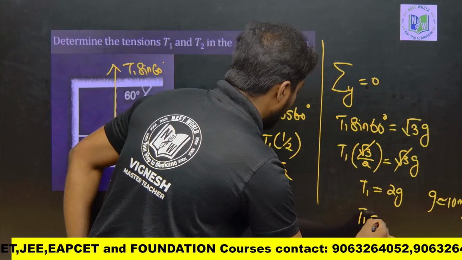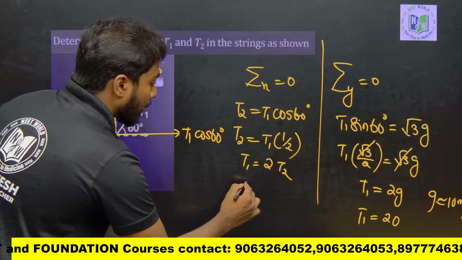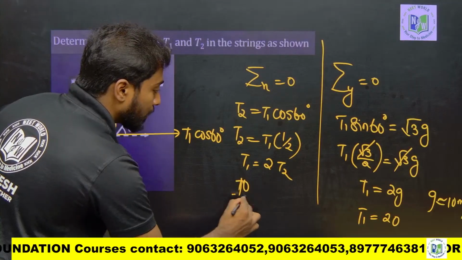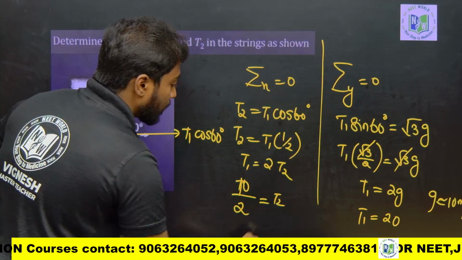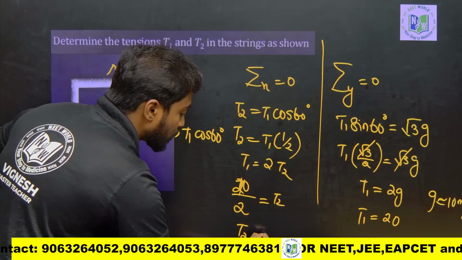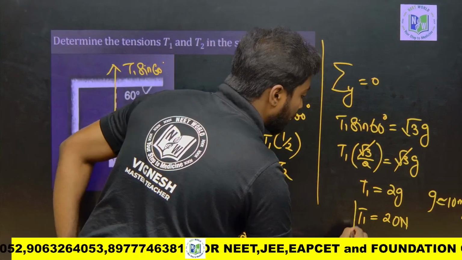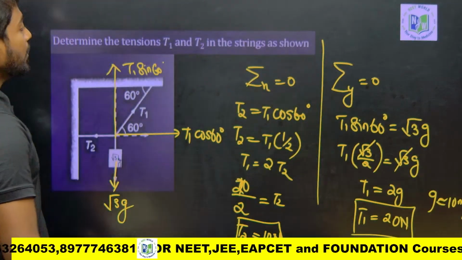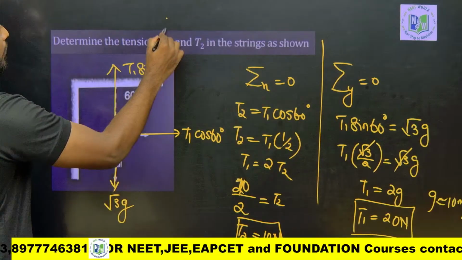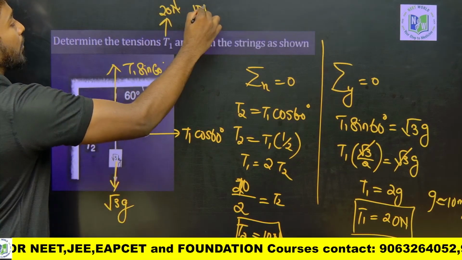So T1 will be equal to 20. What about T2 now? T2 is 20 divided by 2, so T2 will be equal to 10. So this is 10 Newton and this is 20 Newton. These are the answers for the tension in the given strings: 20 Newton and 10 Newton.